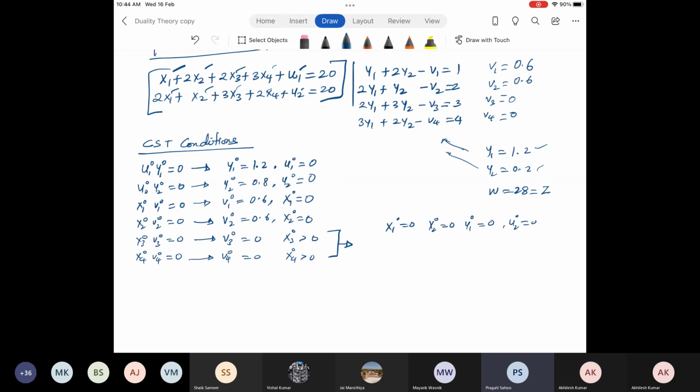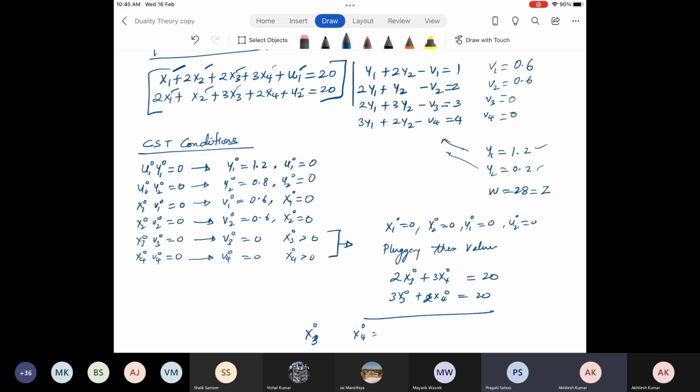Plug in these values. So I'm left with 2x3 plus 3x4 equals 20 and 3x3 plus 2x4 equals 20. Solve these equations and give me x3 and x4.